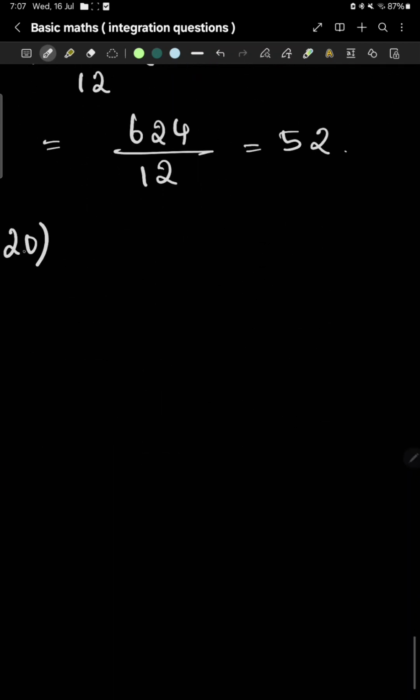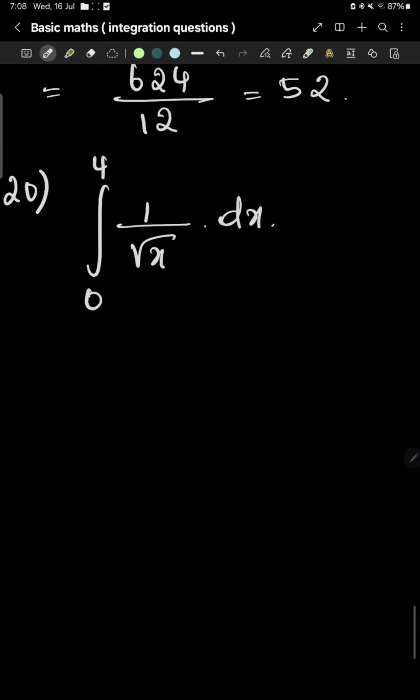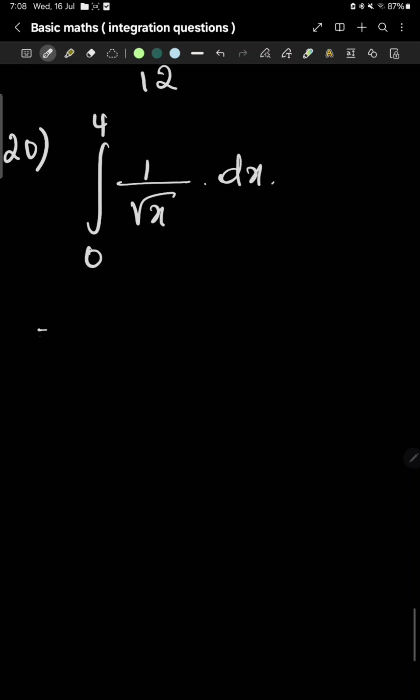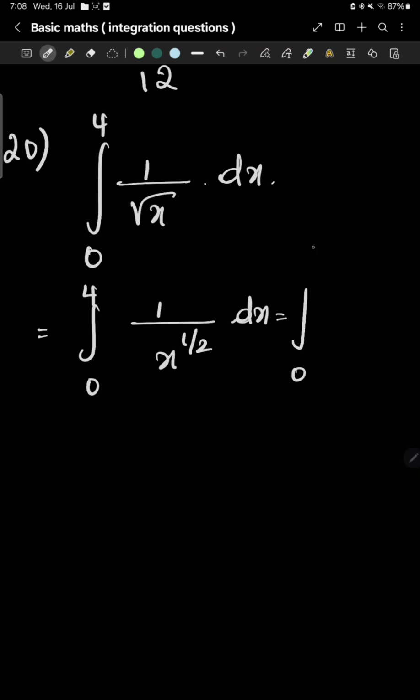Now let us move to the final question. The 20th question is the integral from 0 to 4 of 1 by root x into dx. Here I can write this as the integral of 0 to 4 of 1 by x power 1 by 2 into dx, which is equal to the integral of 0 to 4 of x power minus 1 by 2 into dx.